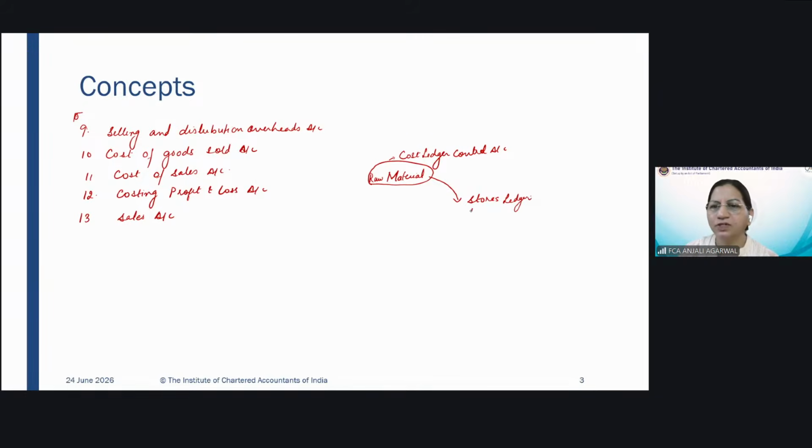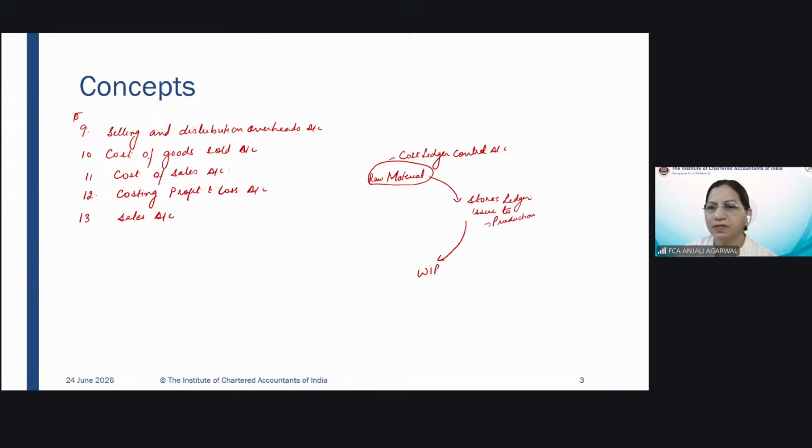From stores, you issue it for production. Issue the material to the production department for making it into finished goods. So this becomes WIP, work in progress account, and the journal entry is work in progress account debit, and stores ledger control account credit.